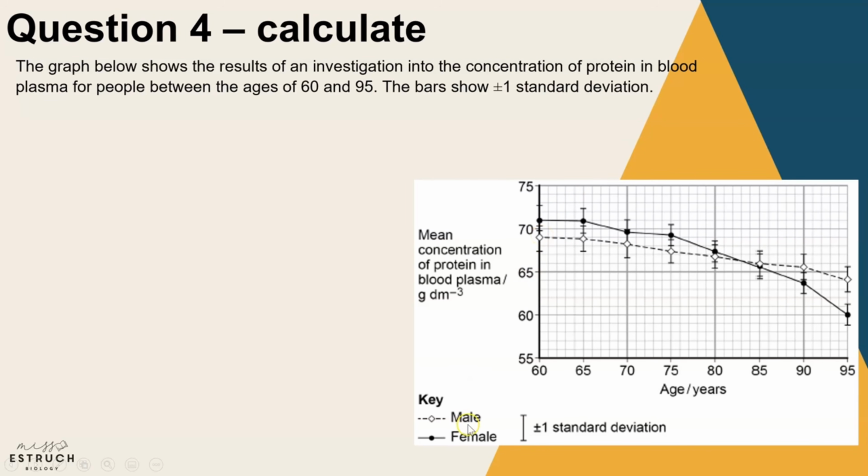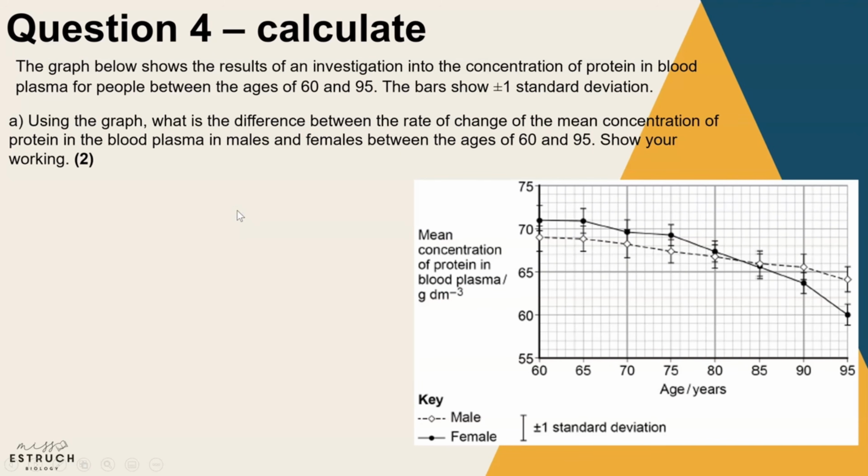So we have males, females, we've got our standard deviation. Our axes are the mean concentration of protein in the blood plasma in grams per decimeter cubed, and we've got age in years. So we have to use the graph to say what is the difference between the rate of change of the mean concentration of protein in the blood plasma in males and females between the ages of 60 and 95. Show your working.